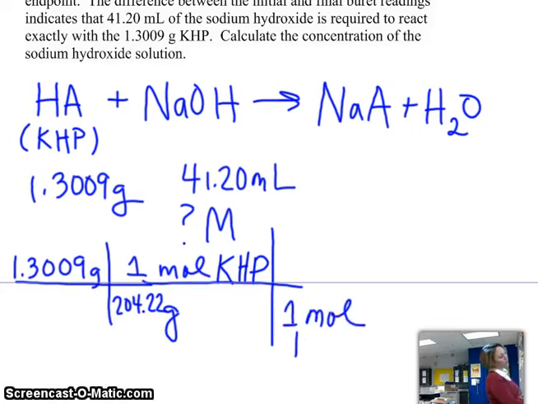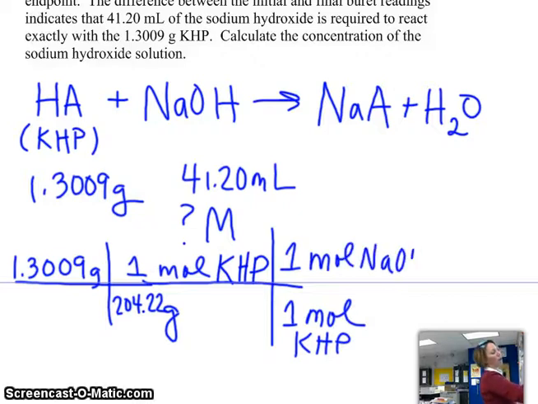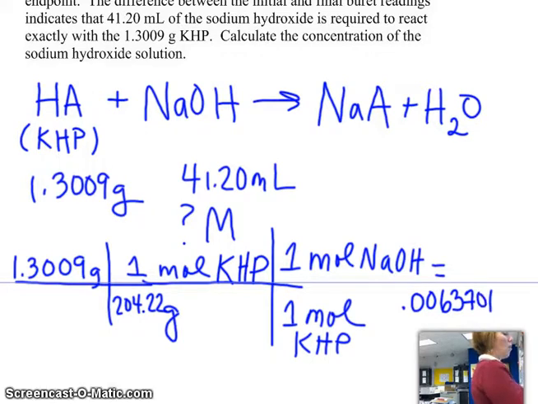According to the equation, for every 1 mole of KHP I react, I will need 1 mole of NaOH. So that will give me my moles of NaOH. So I take 1.3009, I divide it by 204.22, and I get 0.0637001 moles of NaOH.